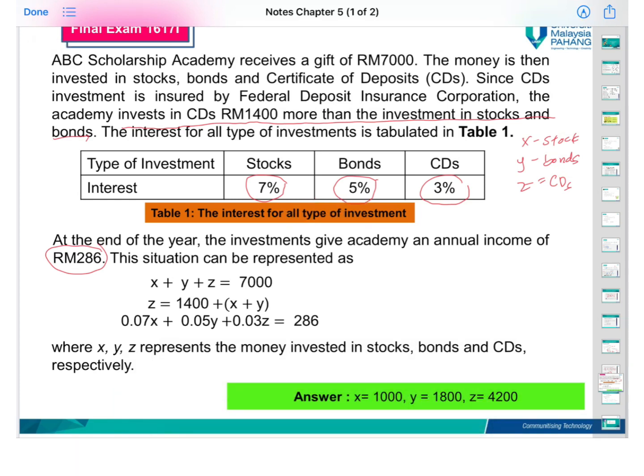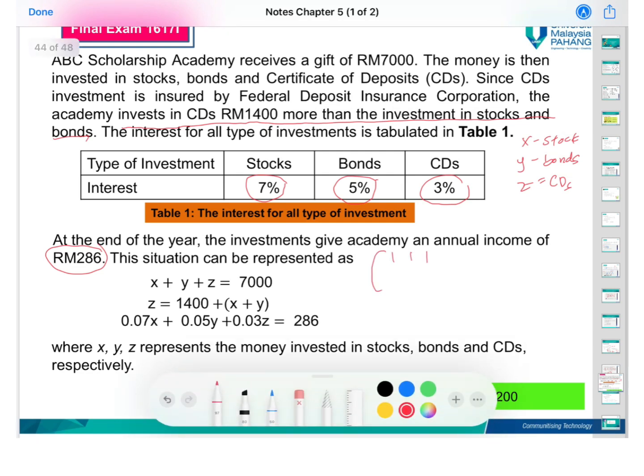Okay, so in matrix form, we can write this in terms of, so this one is actually we change first to negative x minus y plus z equals to 1,400.